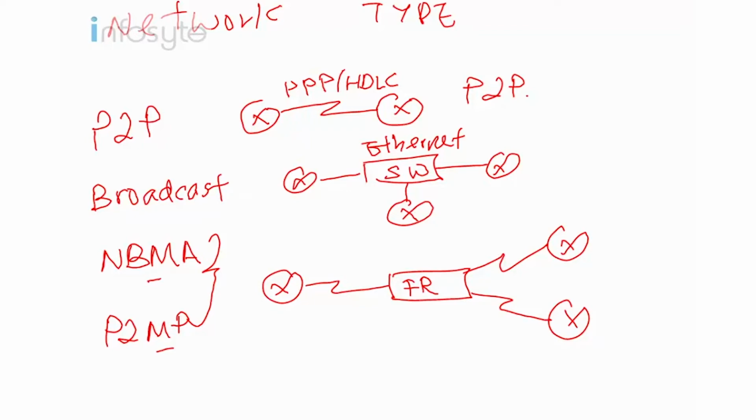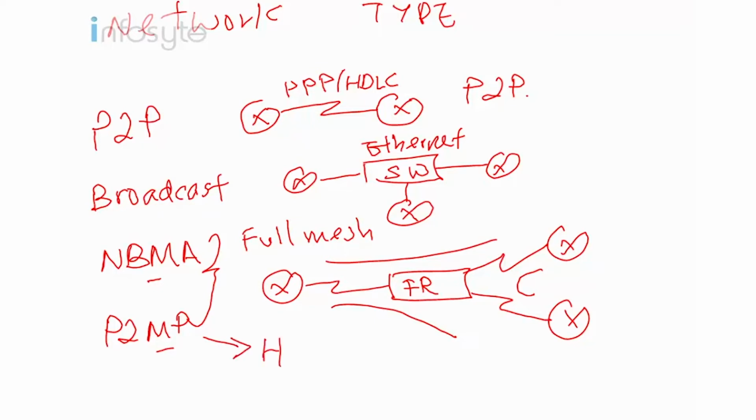NBMA is non-broadcast multi-access, which means they talk to each other using a full mesh. And point-to-multipoint is like a hub and spoke topology. So these are the 4 different network types that Huawei routers support.